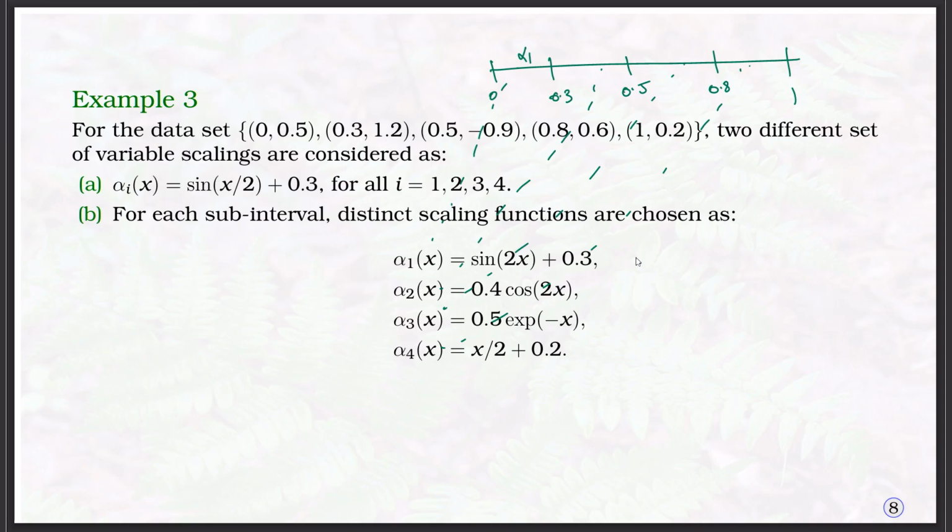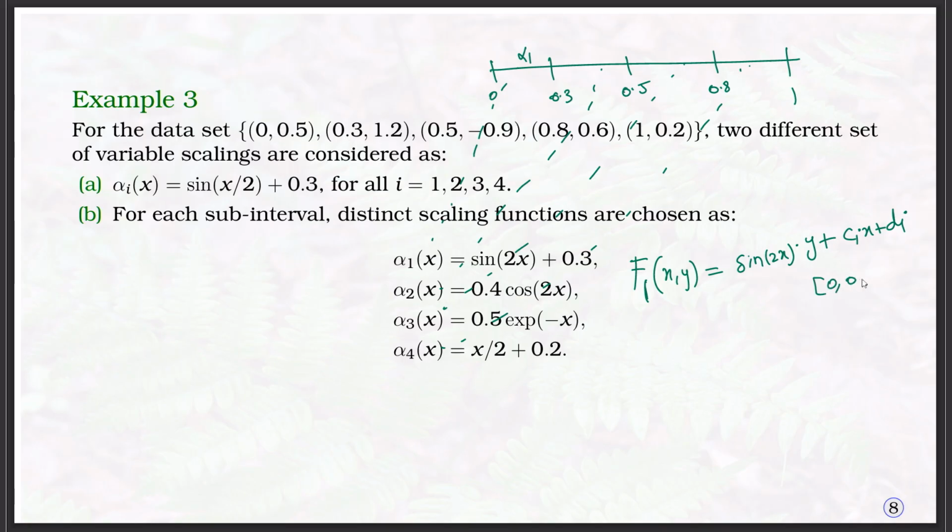Then what is the corresponding iterated function system? F1 of x comma y for the first one is sin 2x times y plus c1x plus d1, where x belongs to the interval 0 to 0.3.